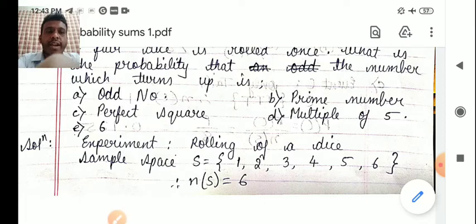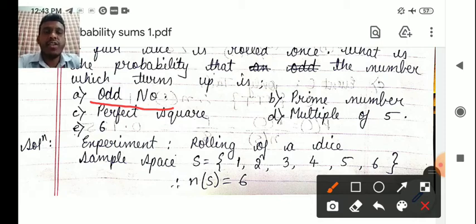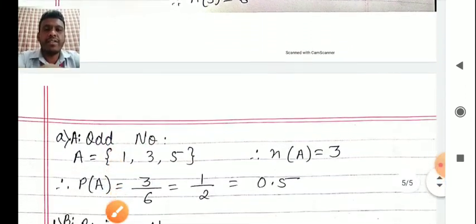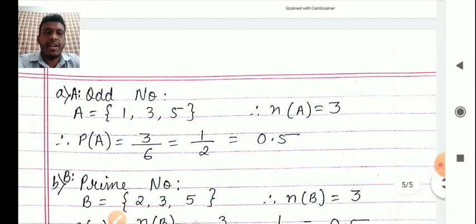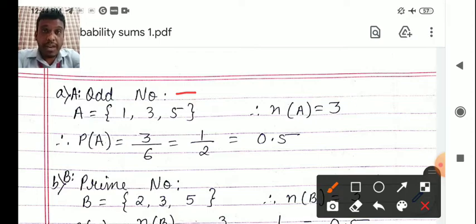So once you get n(S) equals 6, let's move ahead. Now let's move experiment-wise. The first event that we are interested in is, it is an odd number. So let's write it. Event A, it is an odd number. It is similar to the example that we have done previously, where we took an even number.